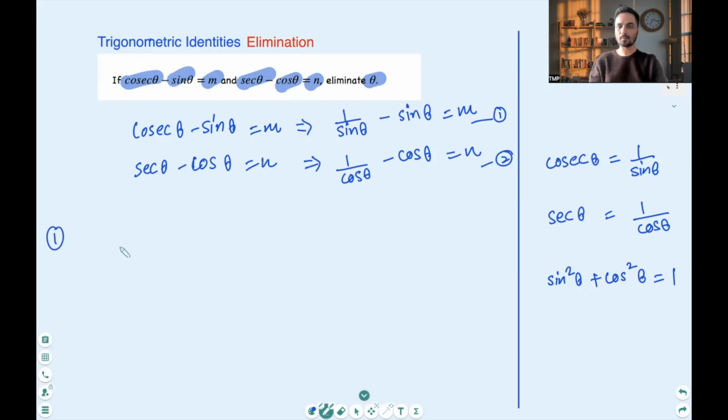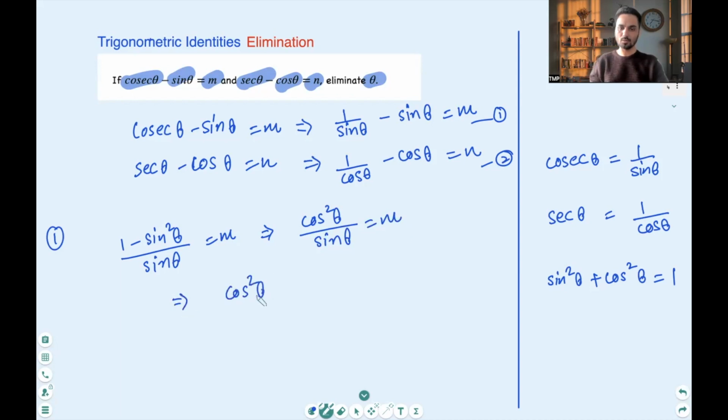From 1, we can write 1 minus sin square theta over sin theta equals m by taking LCM on the left hand side. And if we simplify it further, we know that 1 minus sin square is equal to cos square. So we have cos square theta over sin theta equals m, which can further be written as cos square theta over m is equal to sin theta.